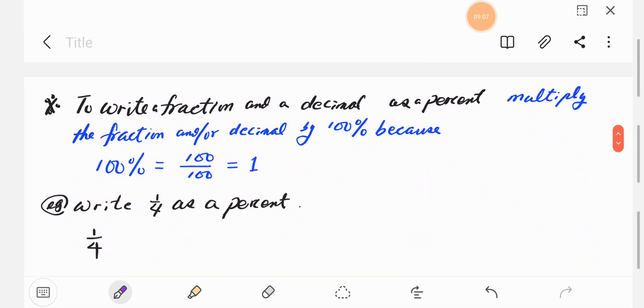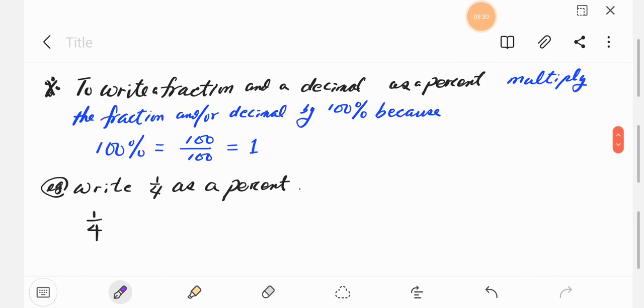Okay, now back to writing a fraction. This time we want to write a fraction or a decimal as a percent. Then what do we do? This is really simple. What you have to do is multiply the number by 100%. Look at this. 100%.